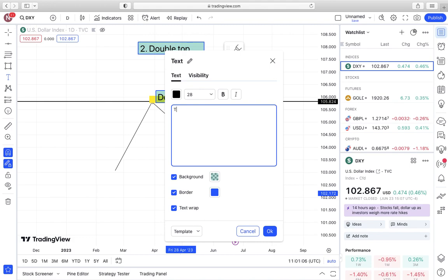It shows that there is a loss of momentum from the uptrend, and now it is taking a downtrend move.